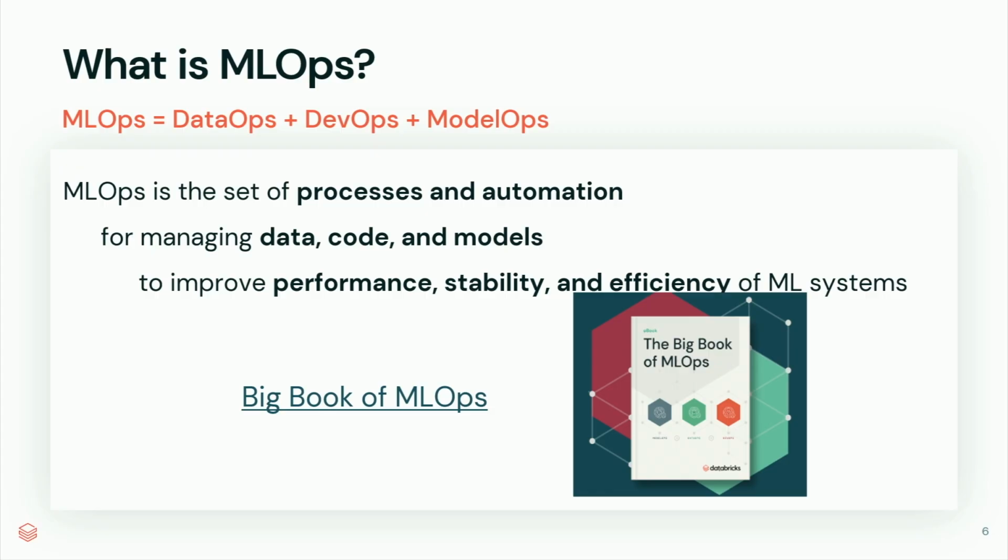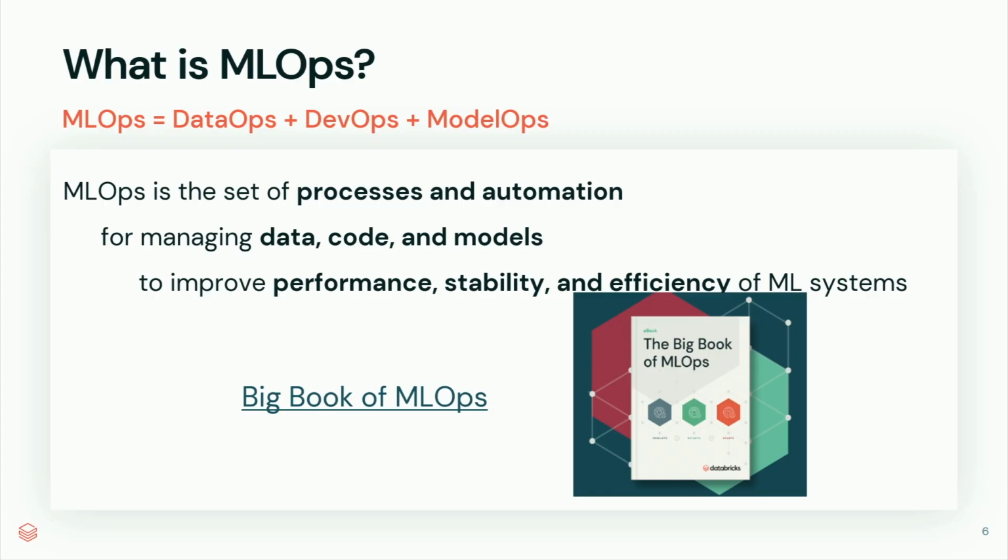So for MLOps, we have this big book of MLOps. And like I said, this slide will be shared later. That link is clickable, but you can also just search it on Google and find it. This book goes into great depth on how to set up your actual MLOps infrastructure.